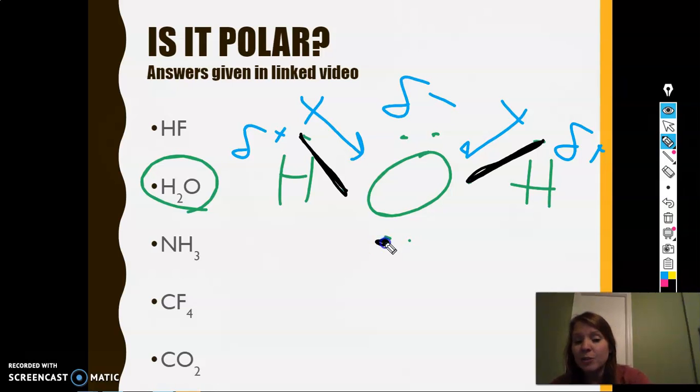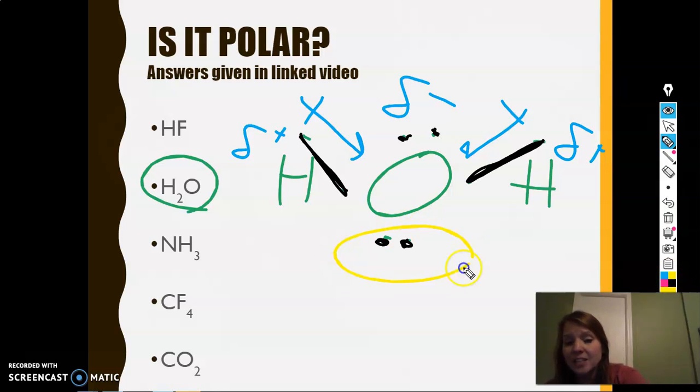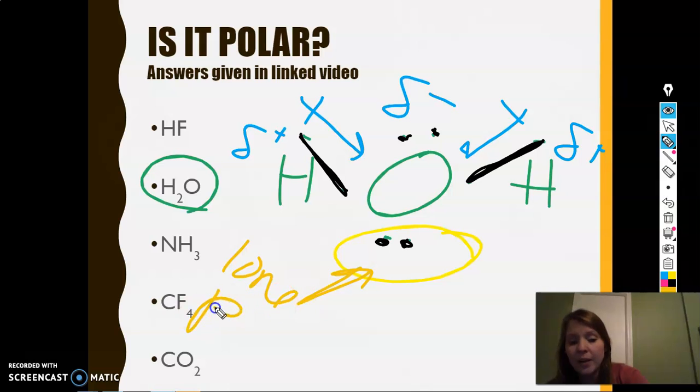Now my clue for symmetry is if we have any leftover electrons. We call these lone pairs because they're not bonded, they're not shared or being fought over, really. So oxygen has lone pairs. These little guys are what we call lone pairs.